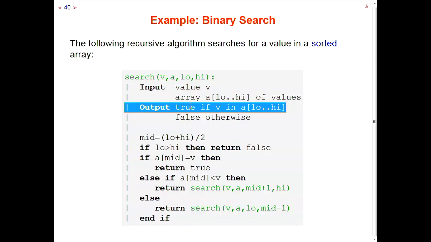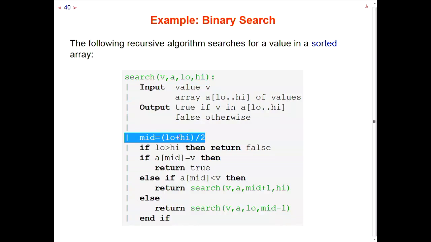That would be the original call to that function. Then the function recursively computes roughly the middle of the array. It says that if low is actually greater than high, then you can't find the element within that boundary, because that would be empty.